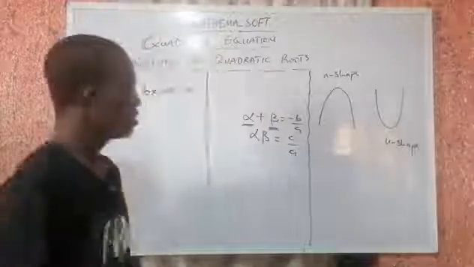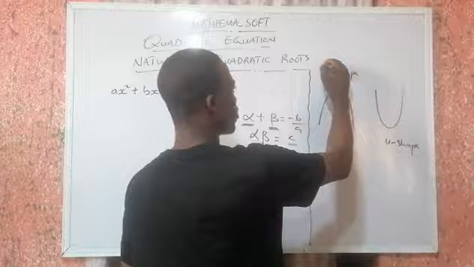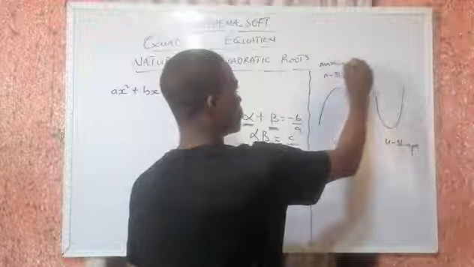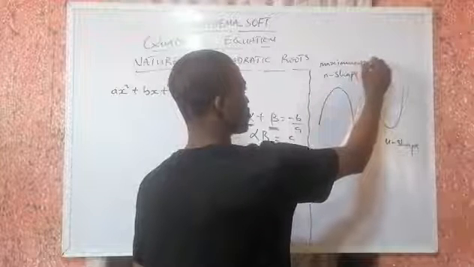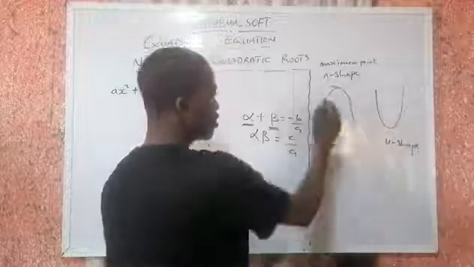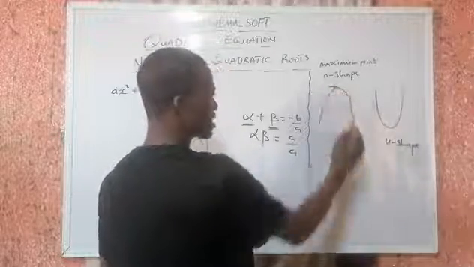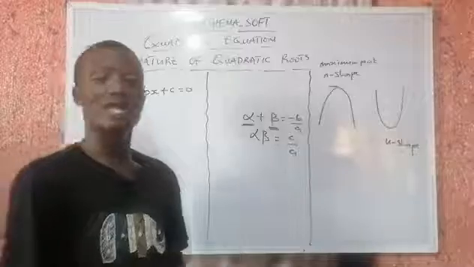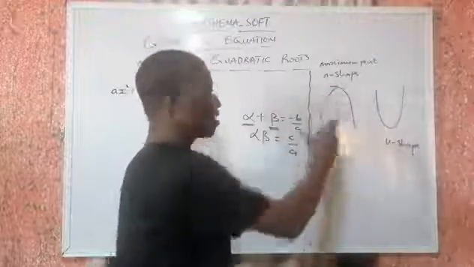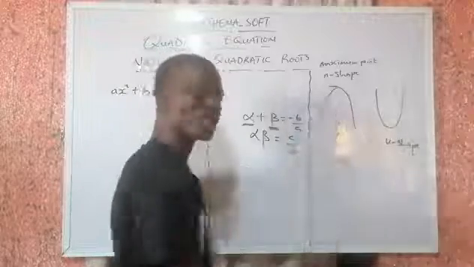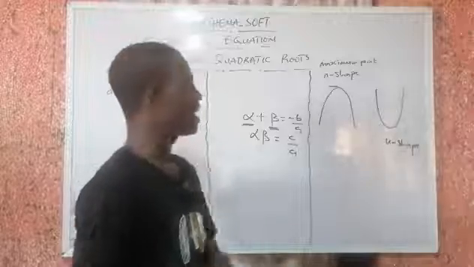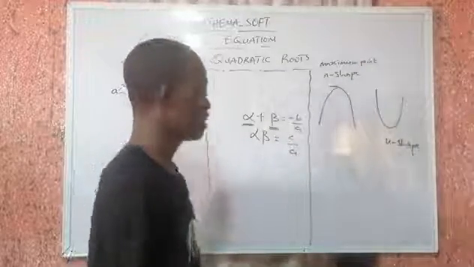Okay, here we are going to have what we call maximum points, okay, because this is N shape, so the value here is going to be what? Maximum at this place. Just look at it the same way you look at the peak of a mountain. So the peak of an N-shaped quadratic graph will give us what? The maximum point. So we can actually get out our maximum value there.